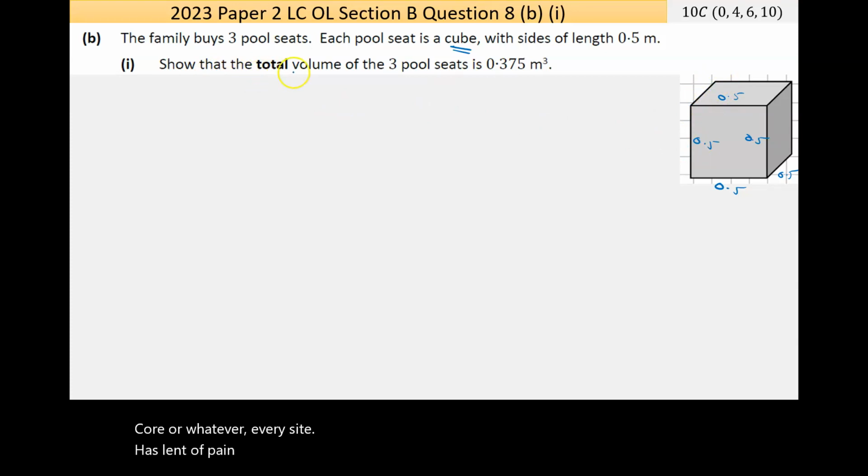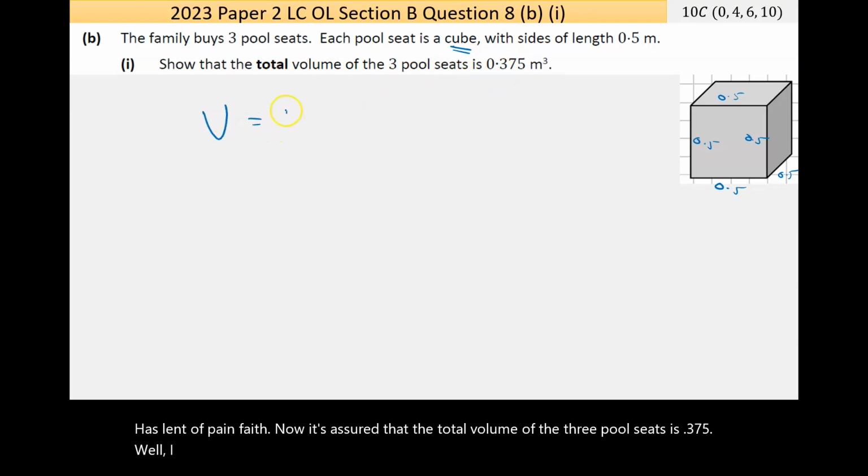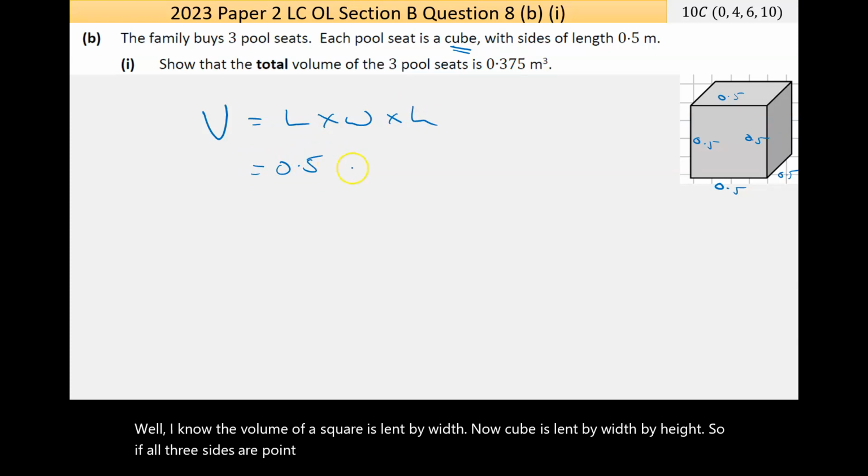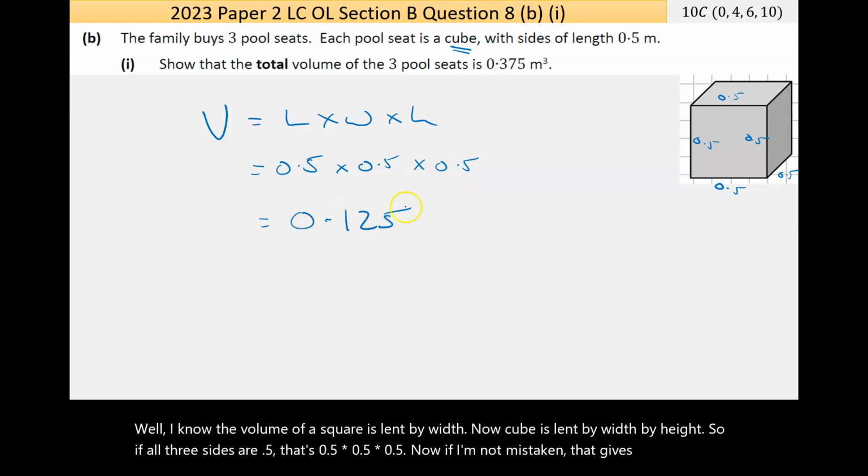Now it says show that the total volume of the 3 pool seats is 0.375. Well, I know the area of a square is length by width. Now a cube is length by width by height. So if all 3 sides are 0.5, that's 0.5 times 0.5 times 0.5. Now, if I'm not mistaken, that gives 0.125.